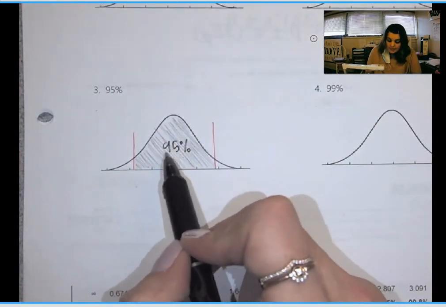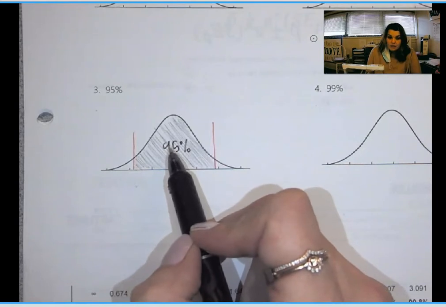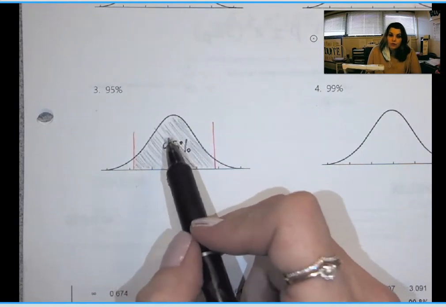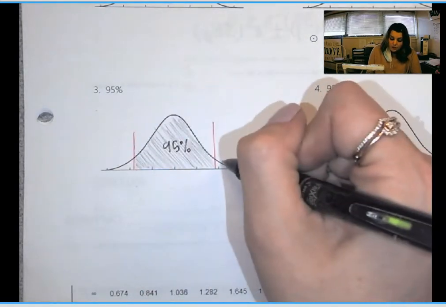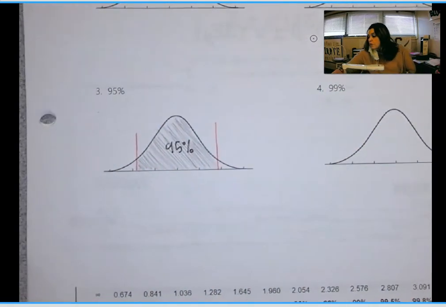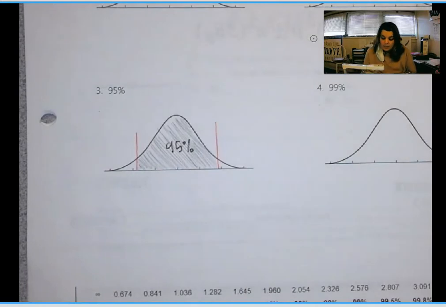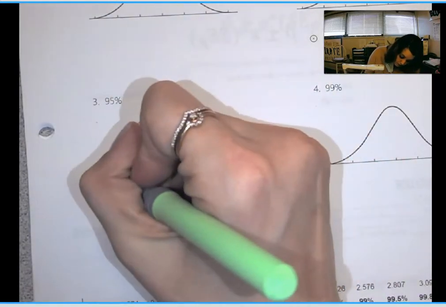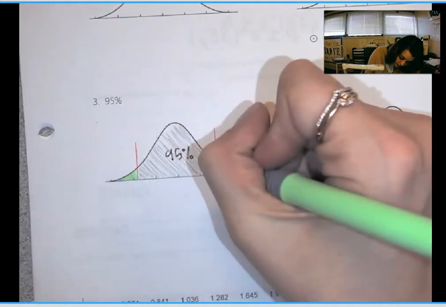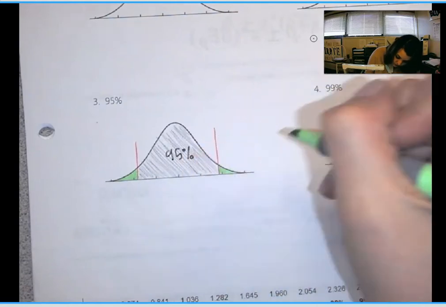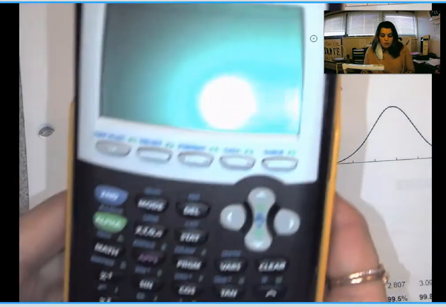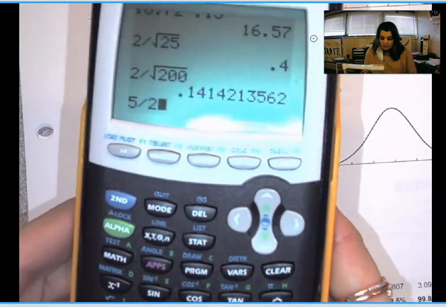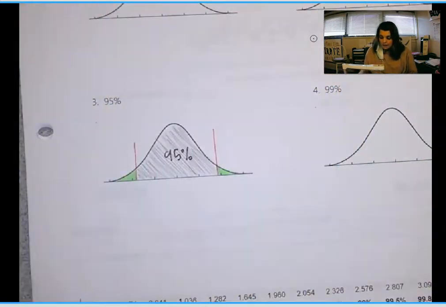Well, if this is 95%, that means we have a leftover of 5%. But we have 2 tails that we need to account for. So these 2 tails need to add up to 5%. So I take 5% and divide it by 2. That gives me 2.5.